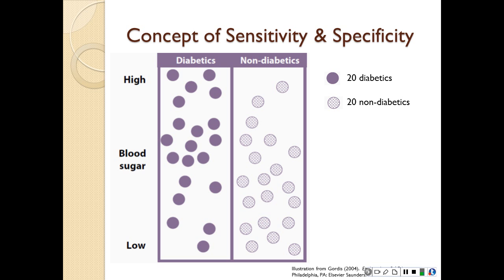But we need to assign some cutoff value, right? We need to say that at some point this test is going to discriminate between the people that have diabetes and the people that do not. We have to say who's going to count as positive and who's going to count as negative. What blood sugar level do we need in order to say, yes, this person has diabetes, and no, this person does not?